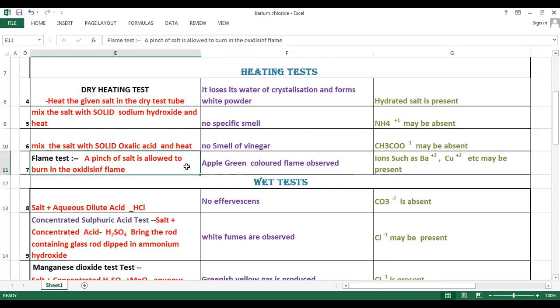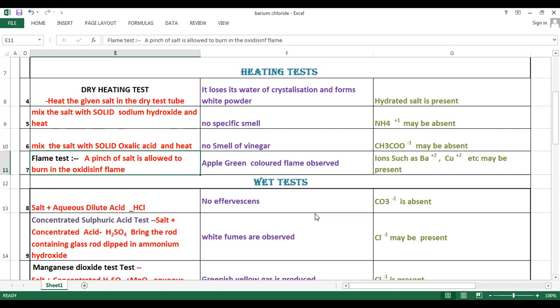The next test that we need to perform is called the flame test. Let us observe what happens when we put the salt on a flame, and witness the color change. We are bringing the salt near the flame and let us see what kind of flame we get.